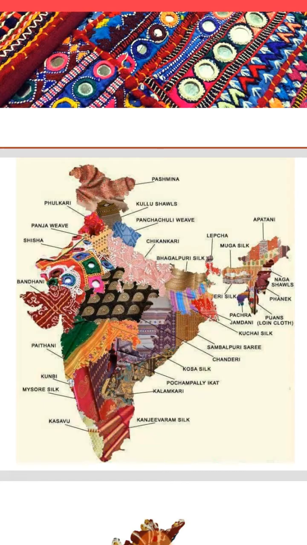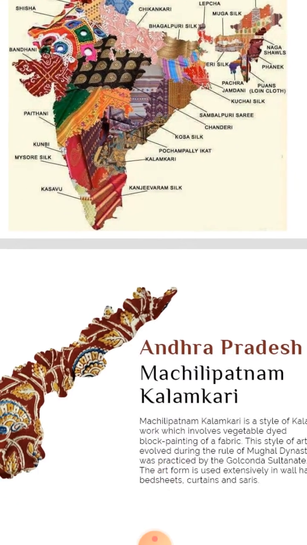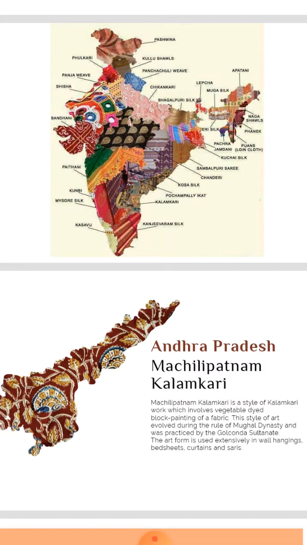Starting from Jammu and Kashmir, the Pashmina, and Himachal Pradesh, the Kullu shawls, and then going to our extreme northeast, Arunachal Pradesh, the Apatani saris, and then down to Tamil Nadu there is Kanjivaram silk, and in Karnataka the Mysore silk, and in extreme western India, Mandni from Gujarat, and Punjab's Phulkari. All this.